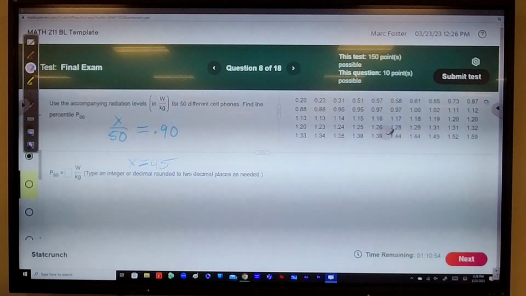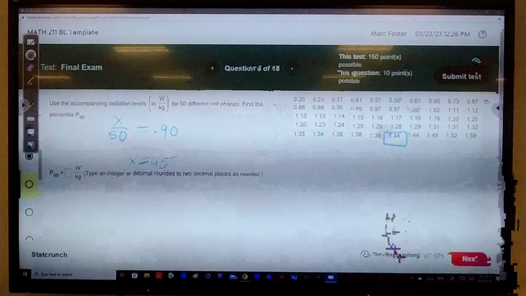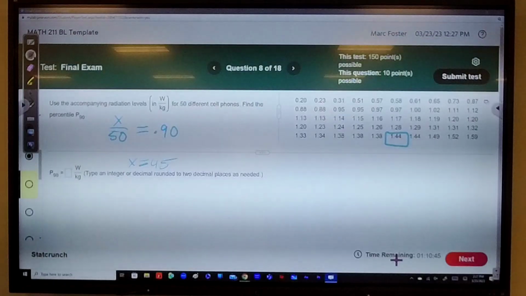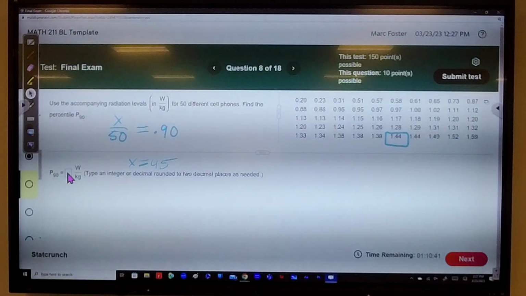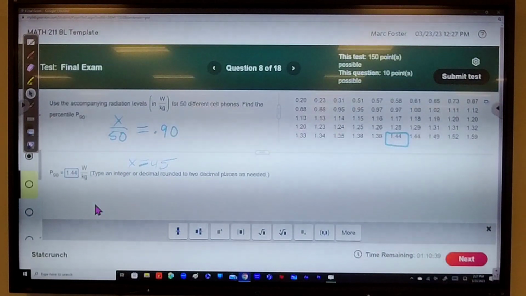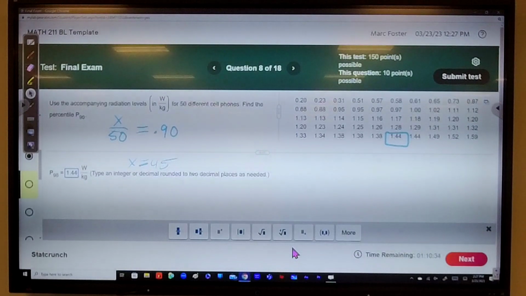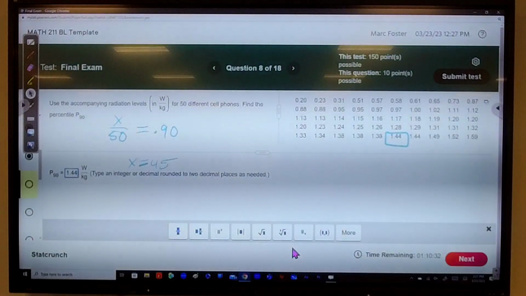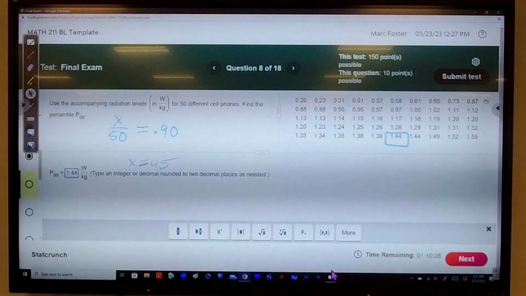I need to use this one because that's the one that has... it would be 45.